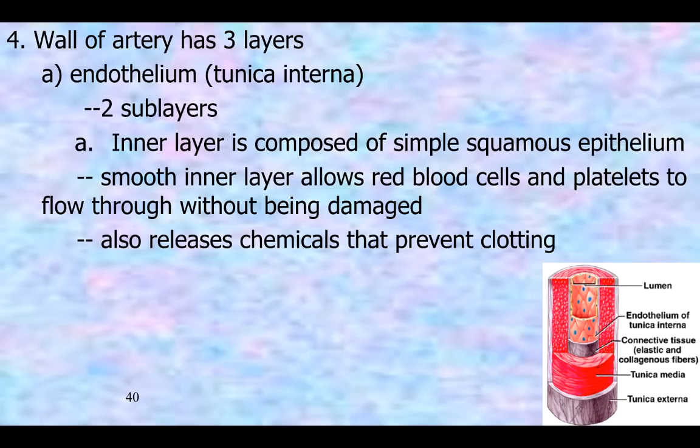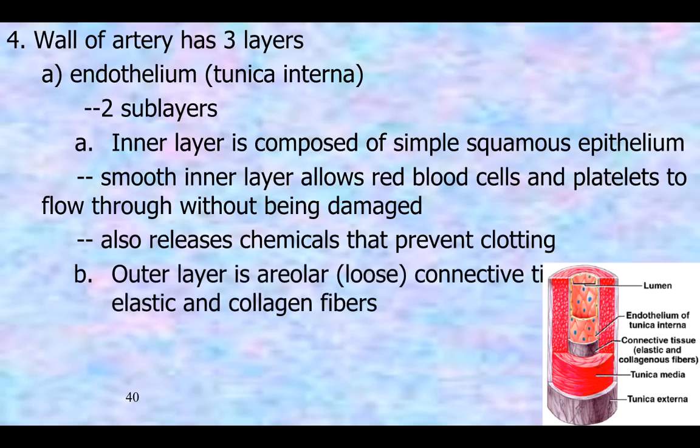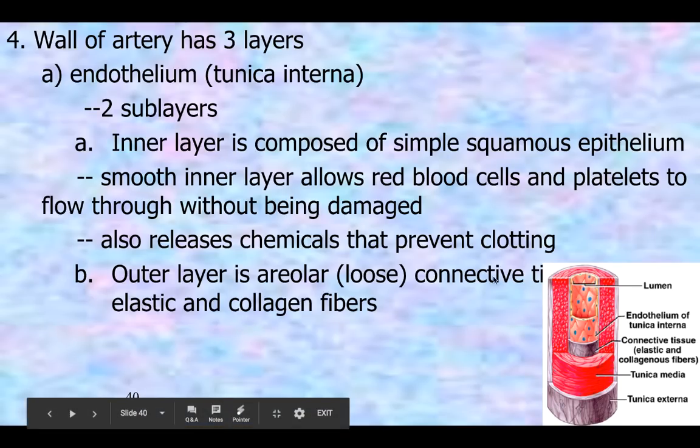Again, these are simple squamous epithelial cells, simple meaning one layer thick, and they're made up of epithelium, the squamous flat cells that kind of look like smashed eggs. The outer layer then, if we look on the outside of this lumen, outside of these simple squamous cells, if we're looking in this picture down here, is areolar loose connective tissue.